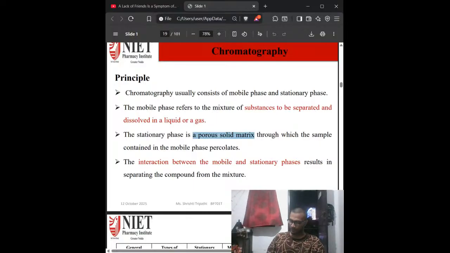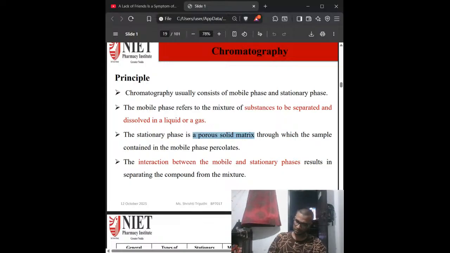Then, mobile phase. Okay, mobile phase: a mixture of sample and liquid or gas.